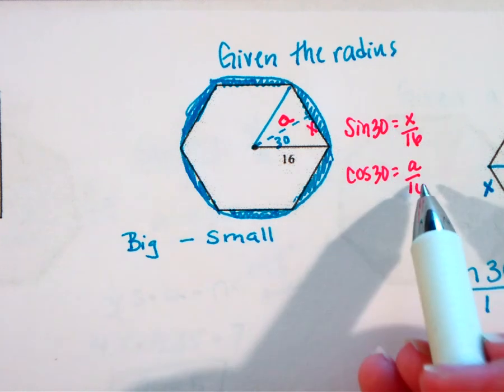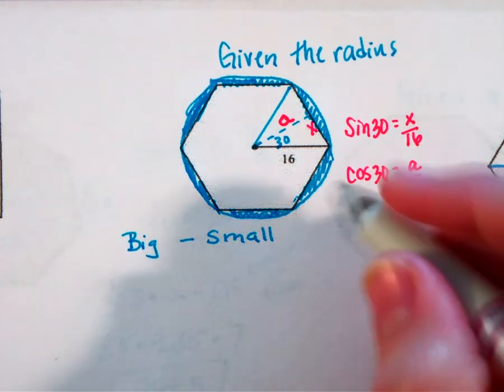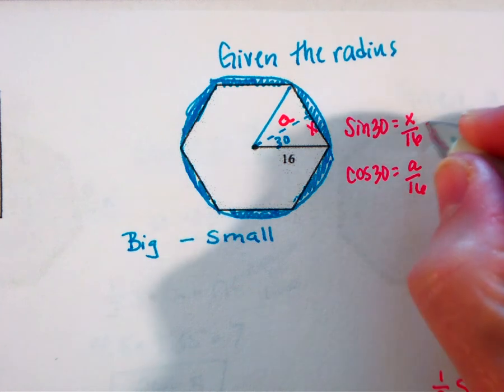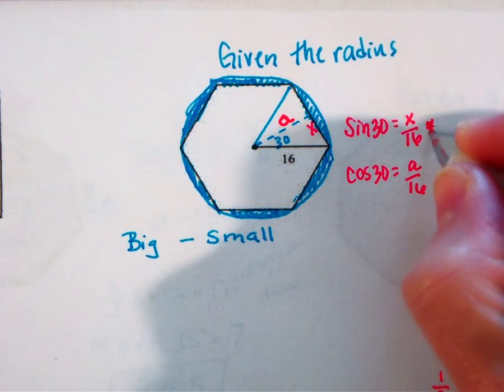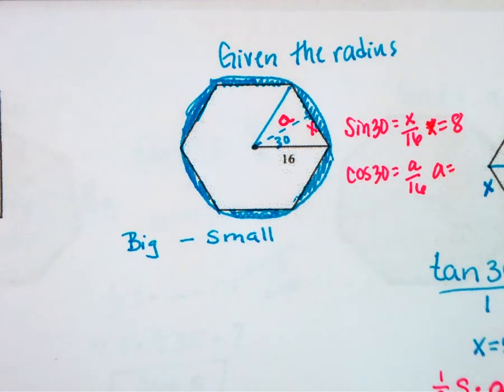Okay, so for this small shape, I need to find x and I need to find a. If I type this into my calculator, no surprises, x is 8, and a equals 8 radical 3, which is the decimal 13.86.